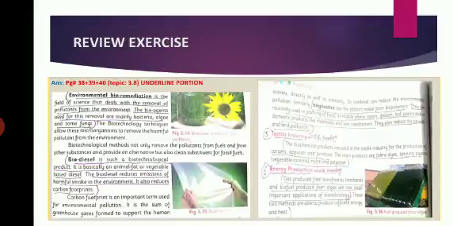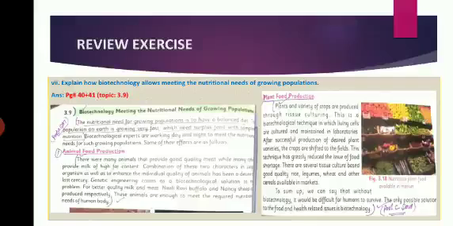Then, on page number 40, the next question is, explain how biotechnology allows meeting the nutritional needs of a growing population. It is on page number 40 and 41, and the topic is 3.9. The answer to this question is on page number 40 and 41.